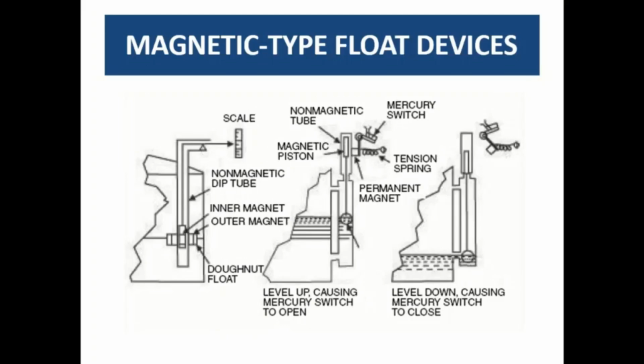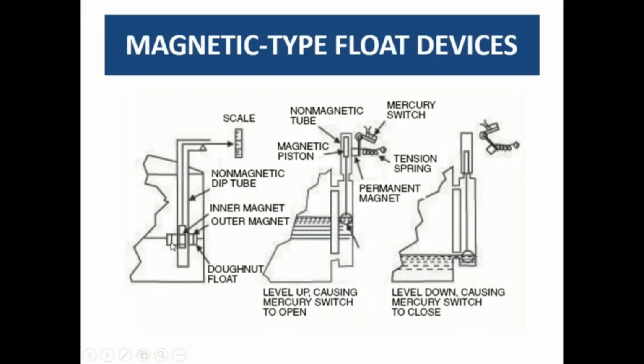So this is the main working phenomenon of the magnetic tape floating device. You can see the floating element present at the outer part of this cylinder.